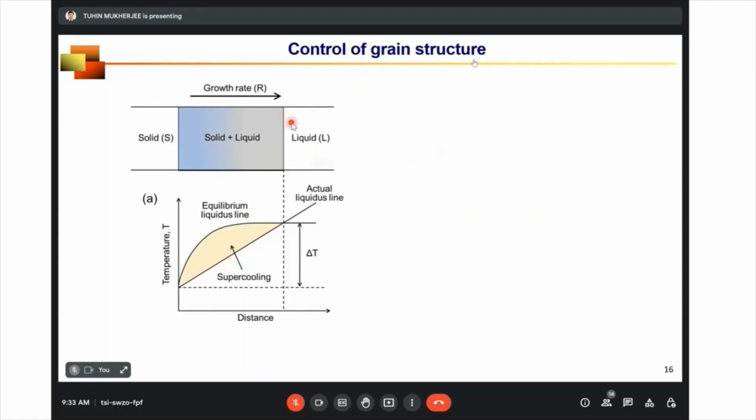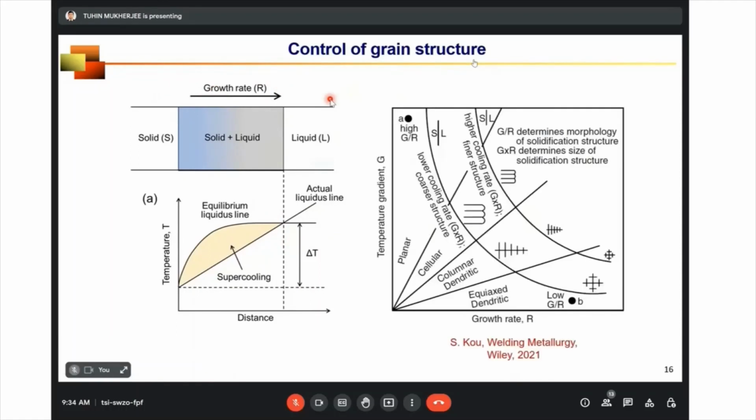So if we look at the mushy region, we can see that the equilibrium liquidus line is away from the actual liquidus line. This region, as we know from phase transformation books, is called supercooling. So two parameters, one is the temperature gradient G and the other parameter is the growth rate R. These two parameters control solidification morphology and the grain size.